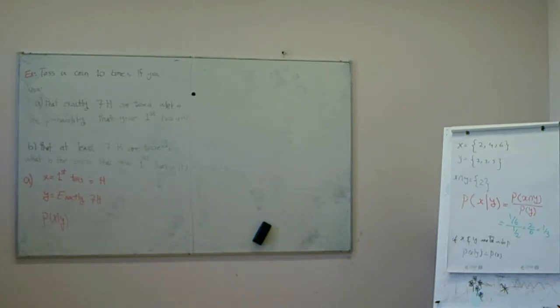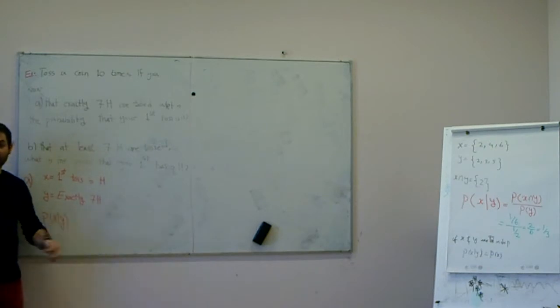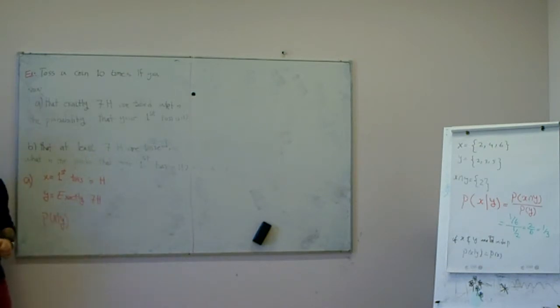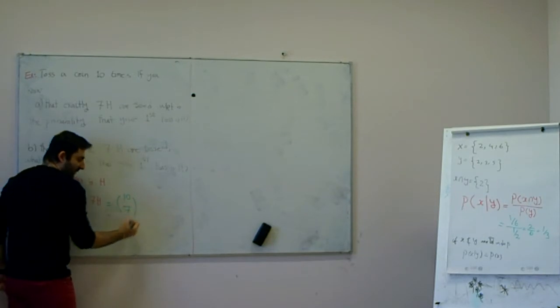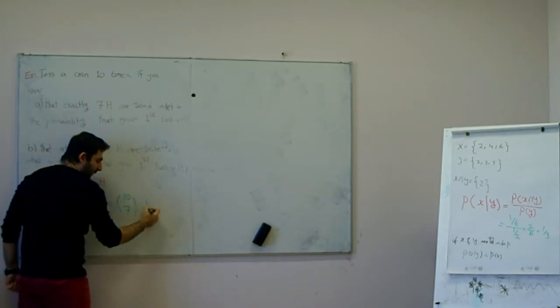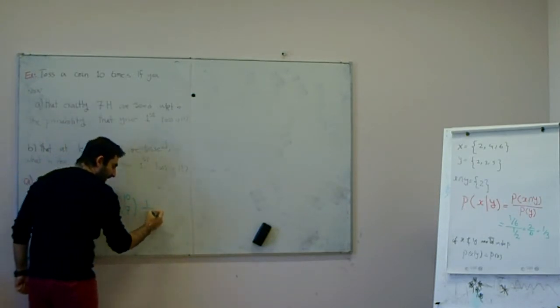So, what is the probability of Y? At the beginning of the class we solved it. What is the probability of having 7 head? Combination of 10 and 7 multiplied by 1 over 2 to the power 10.